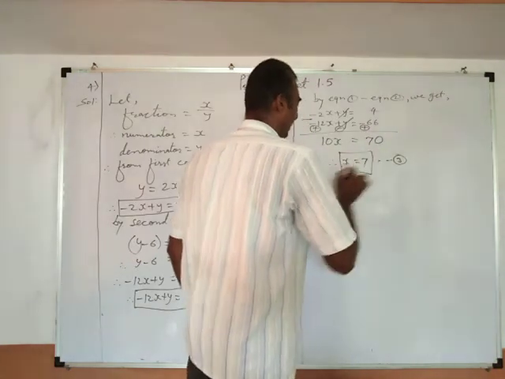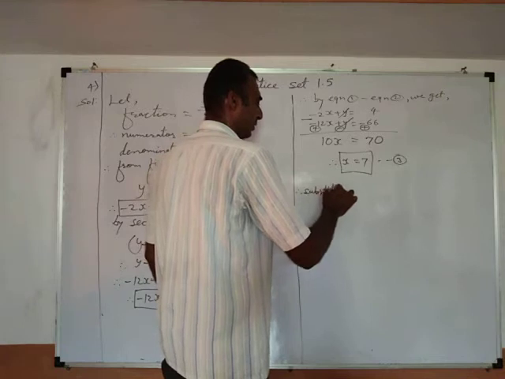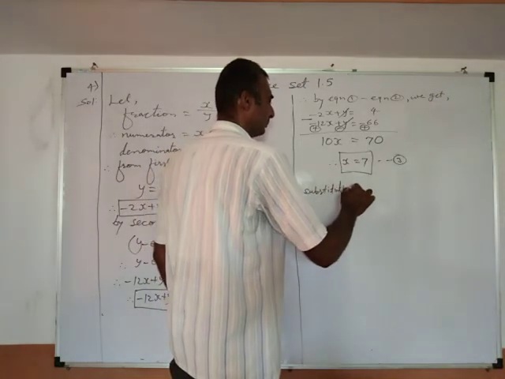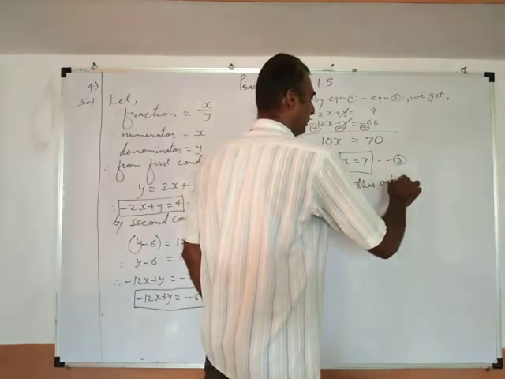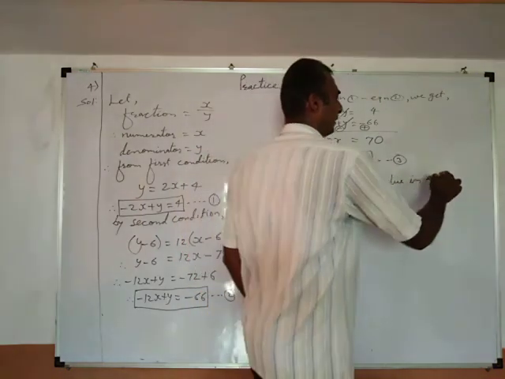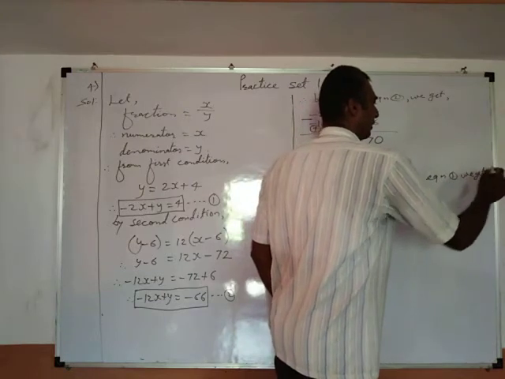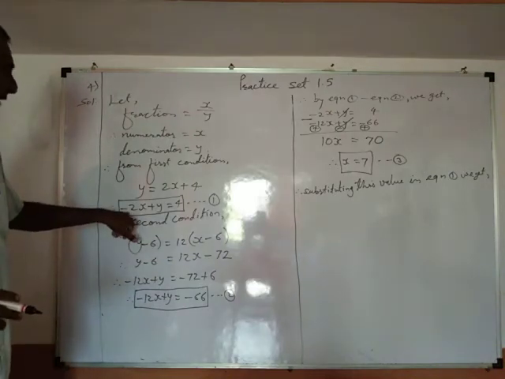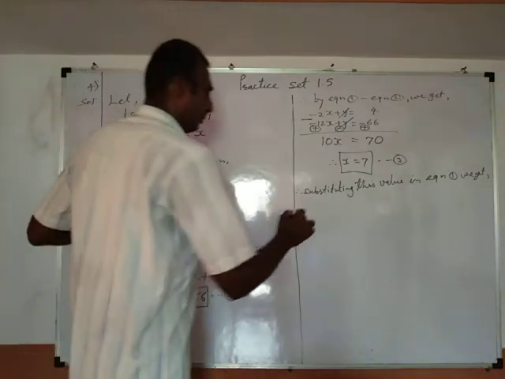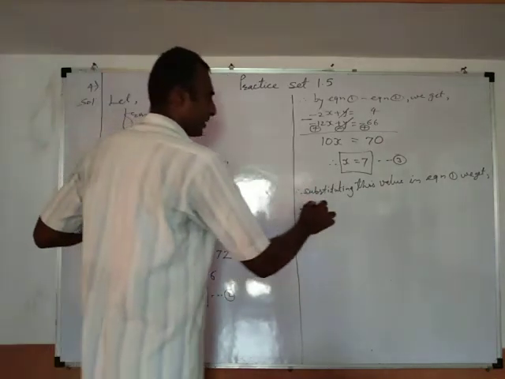Okay, and therefore substituting this value in equation 1, we get, what is equation 1? Equation 1 is minus 2x plus y equals 4, means minus 2 into x, and the value of x is 7.